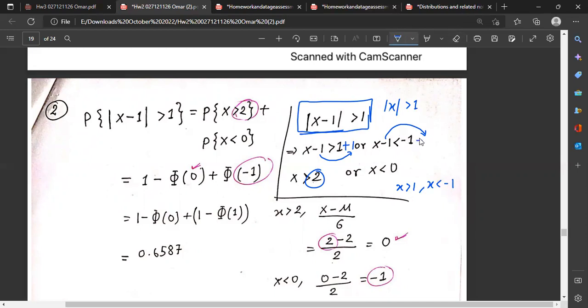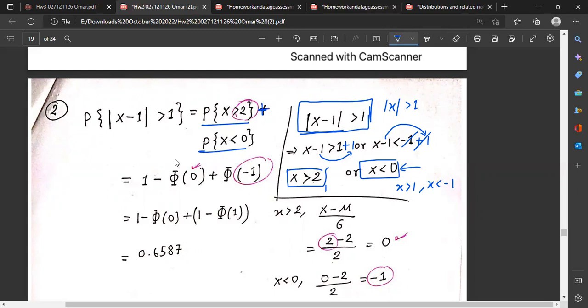So minus 1 plus 1 get cancelled. So we get x is less than 0. Okay, guys. So now we have to calculate when x is greater than 2 and when x is less than 0. So see here, x is greater than 2, right? And x is less than 0. So we have to also add them.